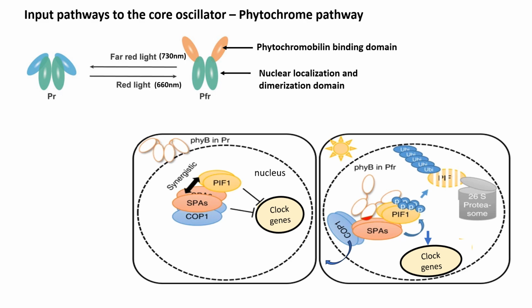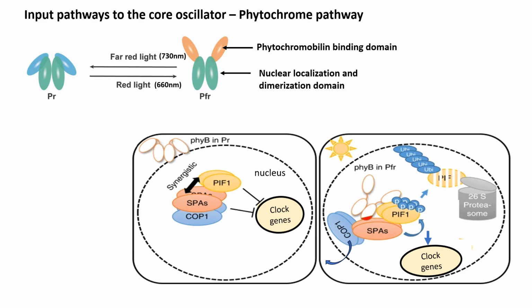Phytochromes are photoreceptors that perceive light in the red region around 600 to 700 nanometers. The chromophore of these phytochromes is called phytochromobilin, which is a linear tetrapyrrole compound. The C-terminal region of the phytochrome has nuclear localization and dimerization domains.